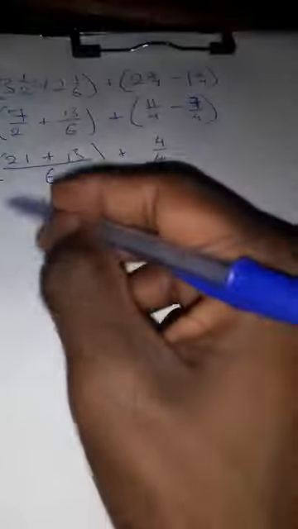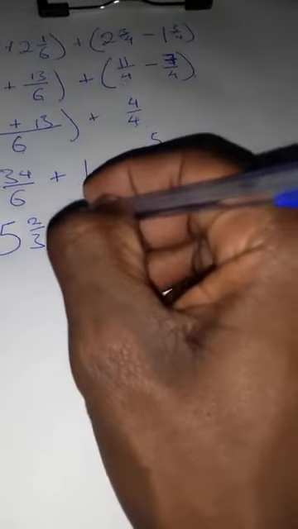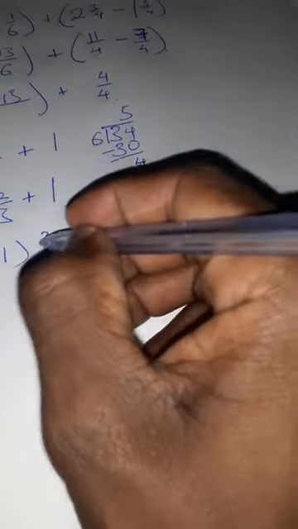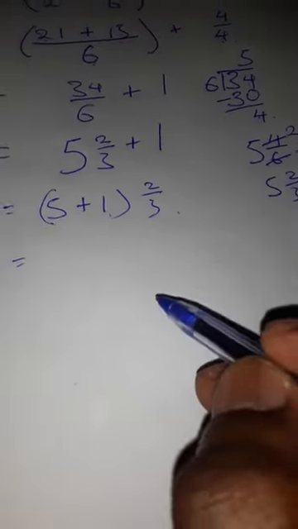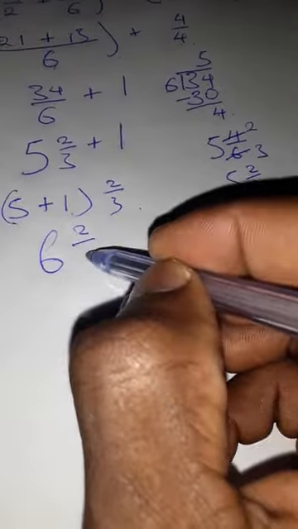So this one is 5 and 2/3 plus 1. So this 1 is a whole number, and this 5 is a whole number. So you have 5 plus 1, and then you have 2/3. 5 plus 1 is 6 and 2/3.